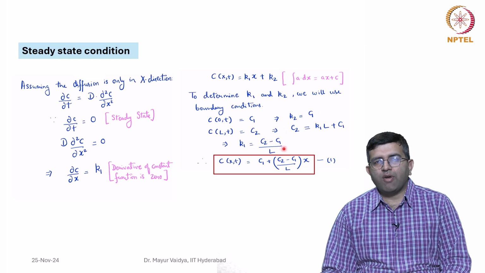And if I put the values of k1 and k2 here, what I get is c of x comma t is equal to c1 plus (c2 minus c1) by L times x. I hope it is clear.